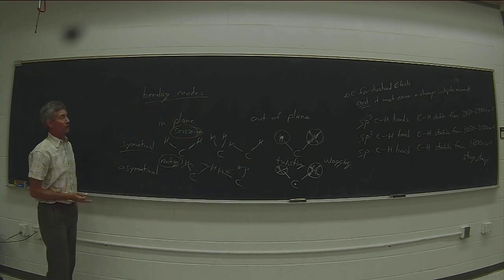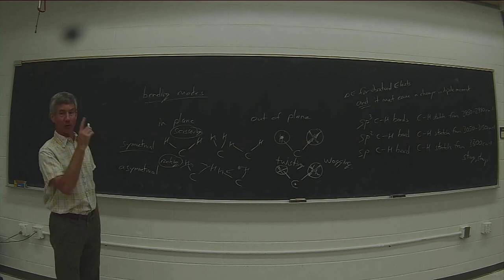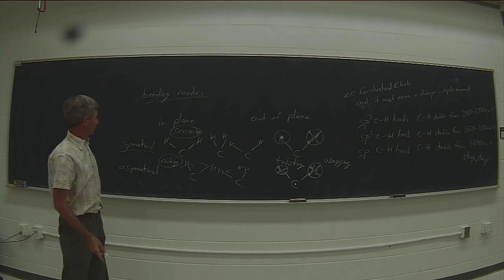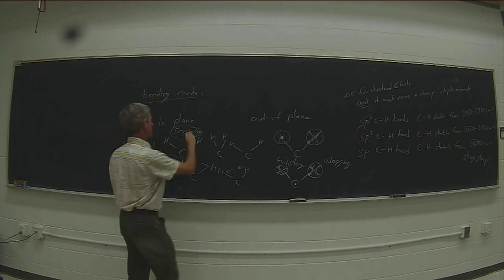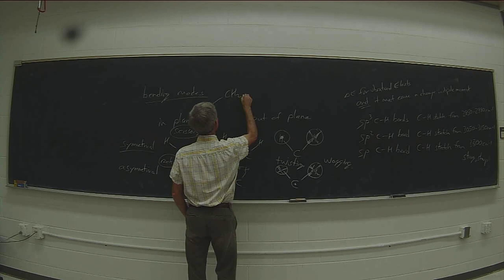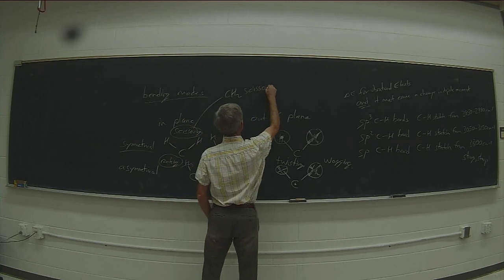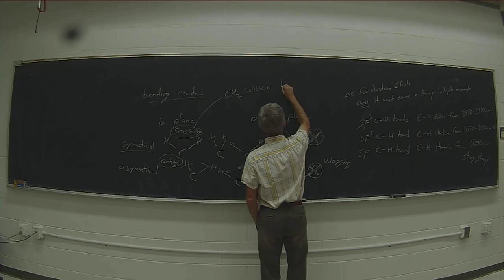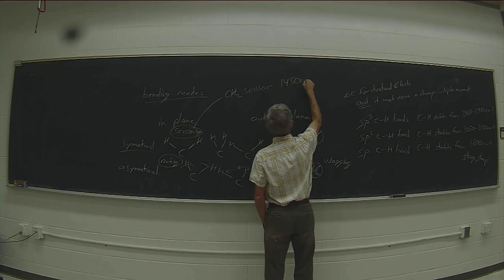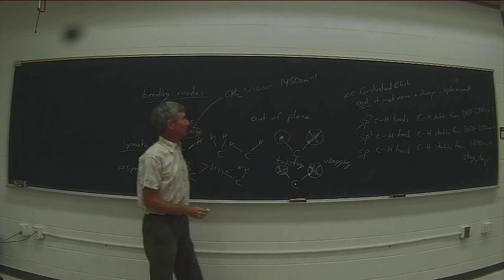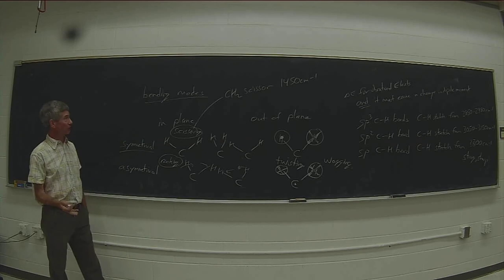All of those can theoretically have different frequencies, but two that are important that you see in many alkanes are the CH2 scissor at about 1450 reciprocal centimeters, very common.